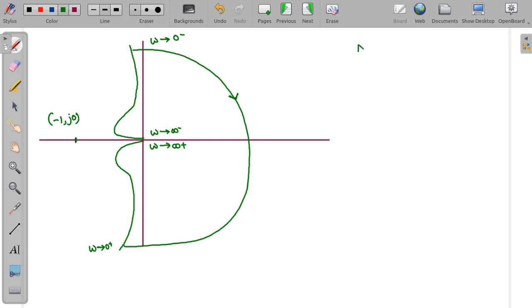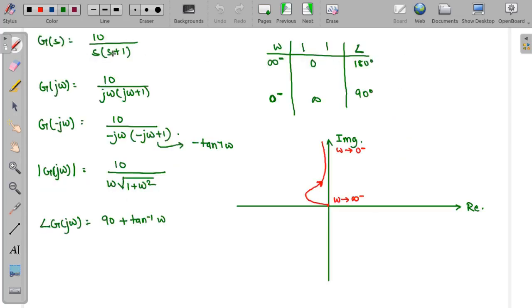Now let us apply the formula N is equal to P minus Z. N is the number of encirclements around the critical point, which is equal to 0 from the Nyquist diagram. P is the number of poles of the open loop transfer function in the right half of the S plane, and that is equal to 0.